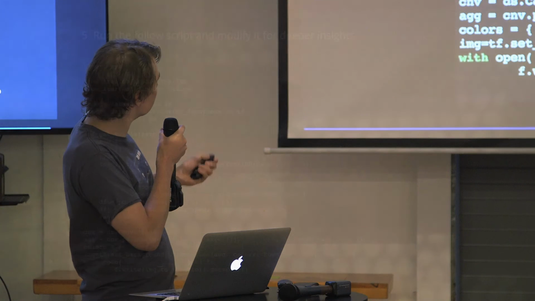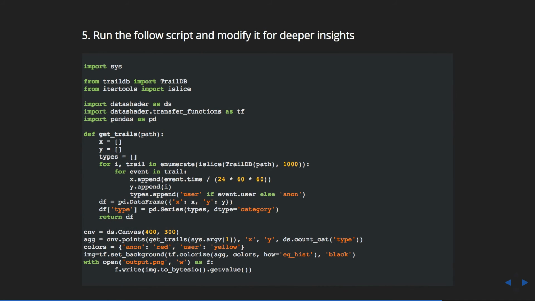Now, this is about 20 lines of code or something. All it does is go through the TrailDB, take all the timestamps and the user ID, or the row ID, and see if this is an anonymous user or a logged in, registered user, and it creates a pandas data frame, because this Datashader package happens to like pandas data frames.